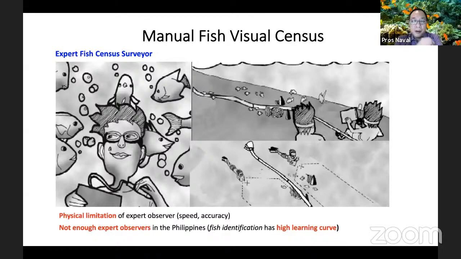So by the very presence of the diver, the counts are already skewed in number. No?